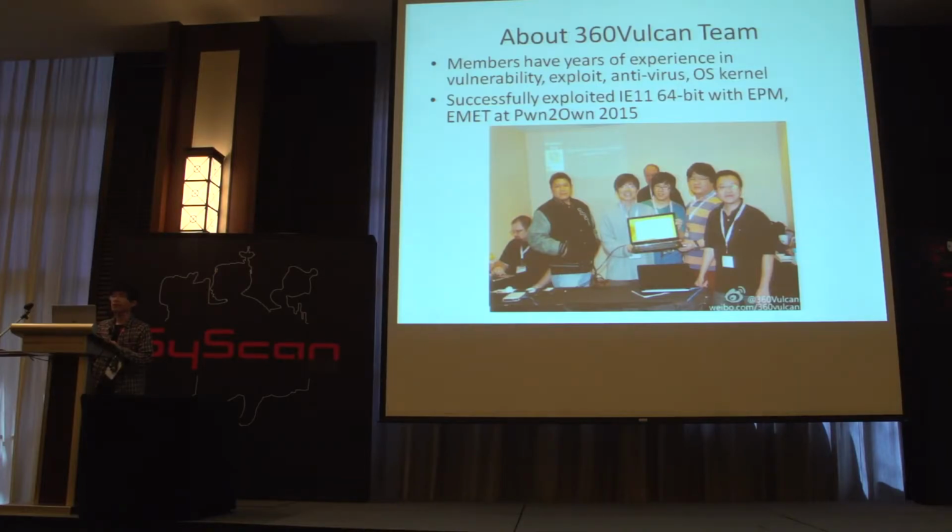So I think it's a good time for me to speak about IE exploits here, since we have just finished the contest and the stuff is still fresh in my mind. We are not going to talk about the 0-day we used in Pwn2Own, but we will introduce some methods we use to bypass the latest exploit mitigations, which were also used in our Pwn2Own exploit.